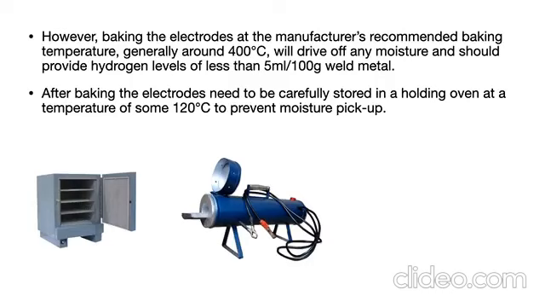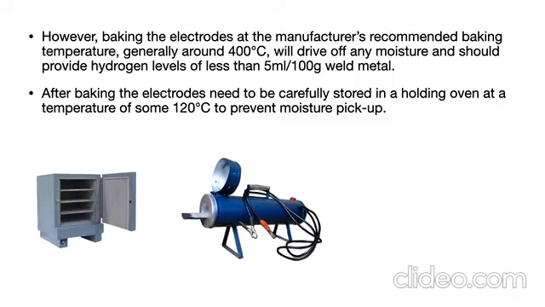The most commonly used method to ensure that moisture content of the electrodes is removed is baking of the electrodes. So the baking of the electrodes, there is no hard and fast rule, or there is no general rule for that. We shall strictly follow the instructions of the manufacturer. In most of the cases, but it's not as I told general, though I have written general here.